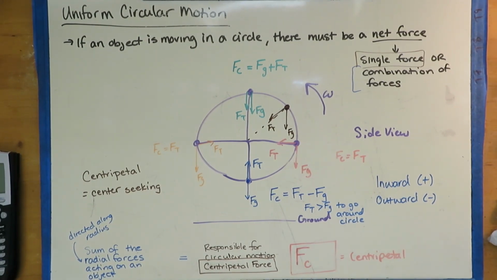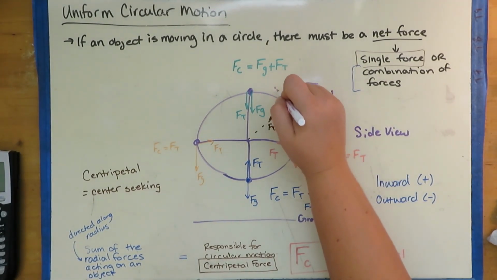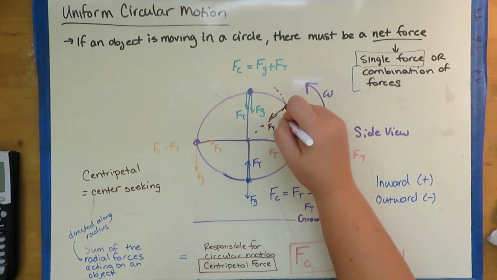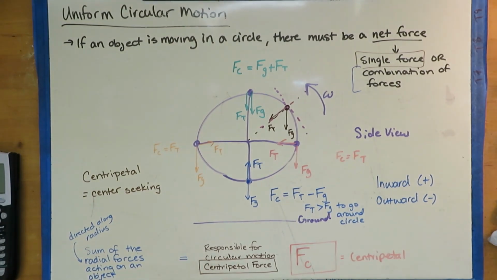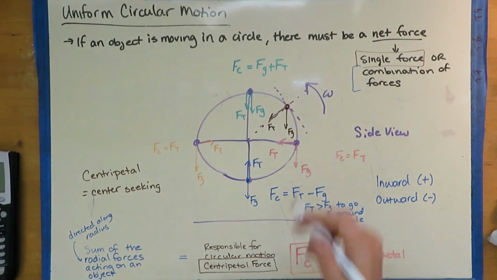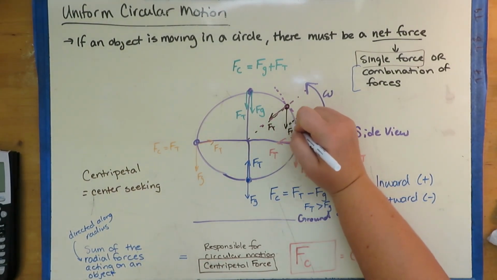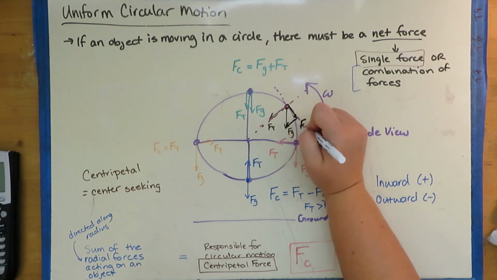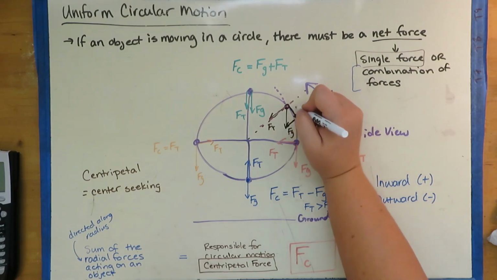And if I were to rotate my axes so that I am either tangent to the circle or radial to the circle, I would have to actually resolve that gravitational force into components. I would have a tangential component of gravity and a radial component of gravity.